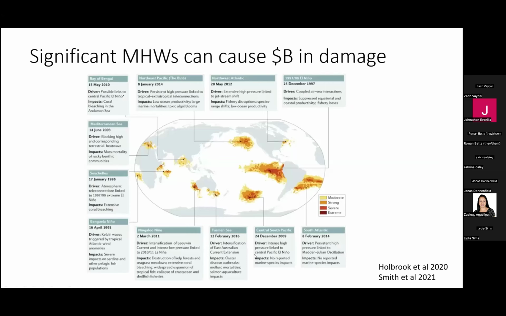That kind of forecasting matters a lot because, as we've seen, marine heat waves can cause billions of dollars in damage. And while I don't think forecasting will allow you to avoid all of the damages, I definitely think with forecasting, you'll be able to reduce some of the impacts, just as we can with forecasting cyclones or hurricanes on land. So anytime you have a forecast, some people will be able to do something to avoid a loss.